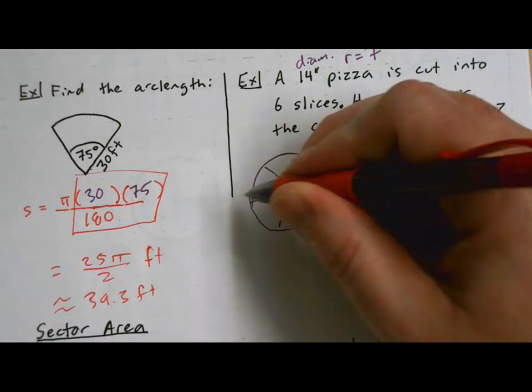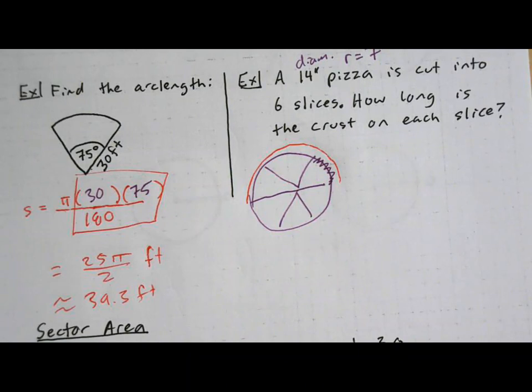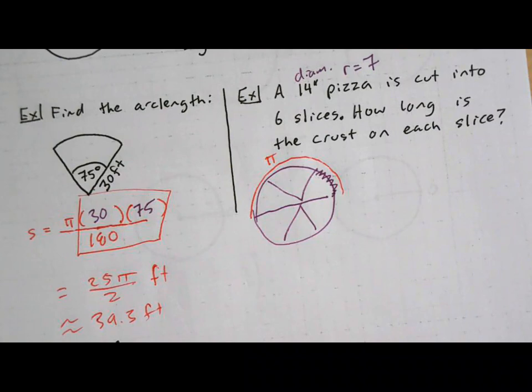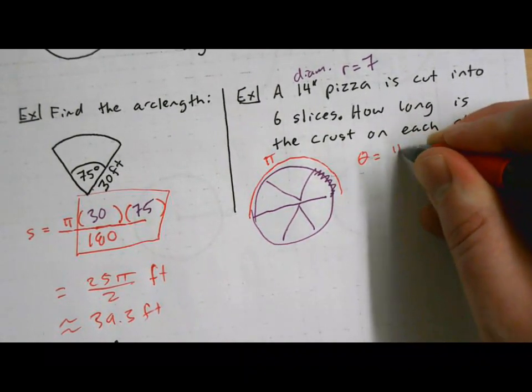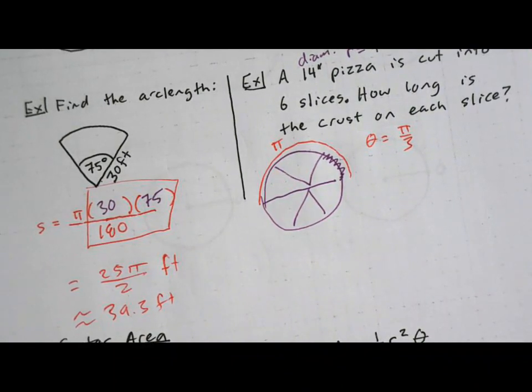If I took 3 of these slices, that would be half of my pizza, agreed? What is the angle for 3 slices? What is half of a circle? In radians, what is half of a circle? Half of the circle is pi, but we're only doing 1/3 of pi, so my angle is pi over 3. That would be my angle in radians. Now, I can figure out what it is in degrees.